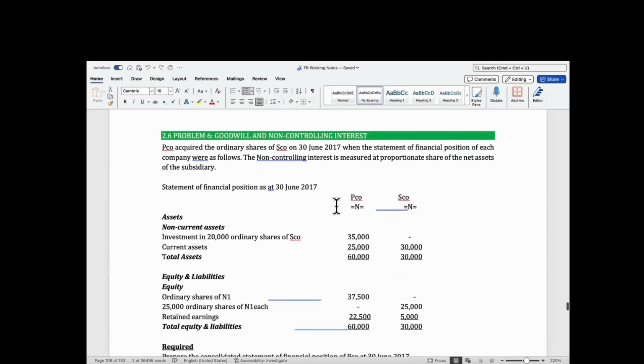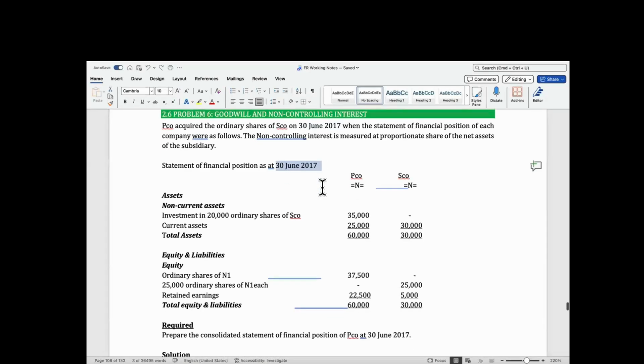Okay, I didn't really get your question, but we acquired the subsidiary in June 2017, and we are consolidating on the same date. So these retained earnings are the retained earnings as at June, which is the date we acquired the subsidiary. So it's part of what we are paying for.